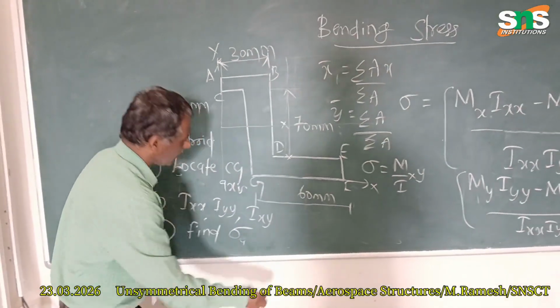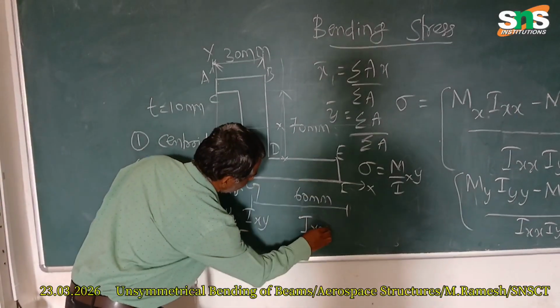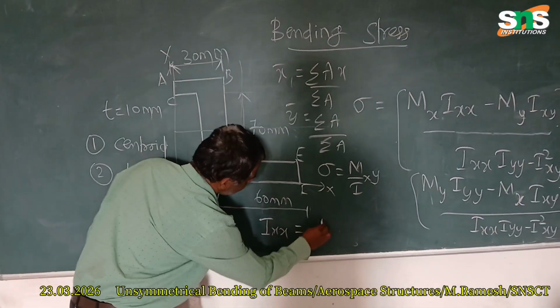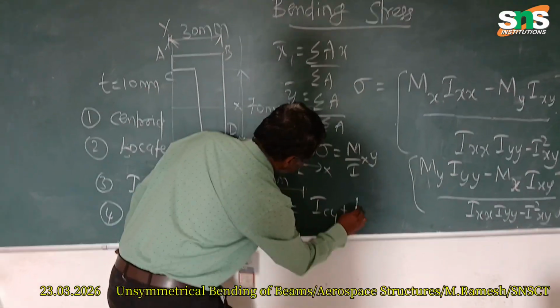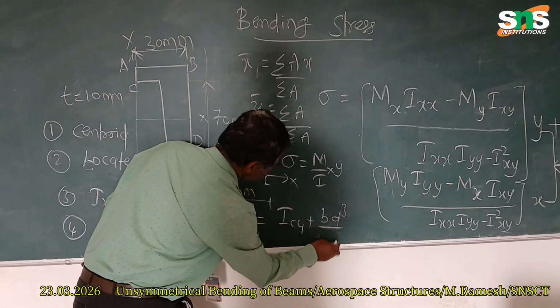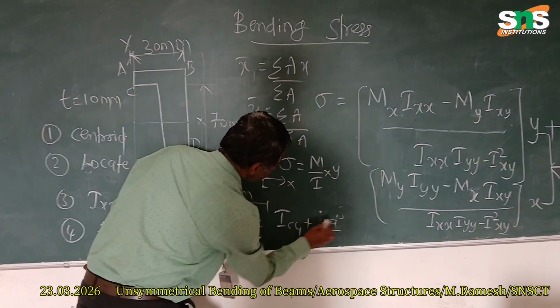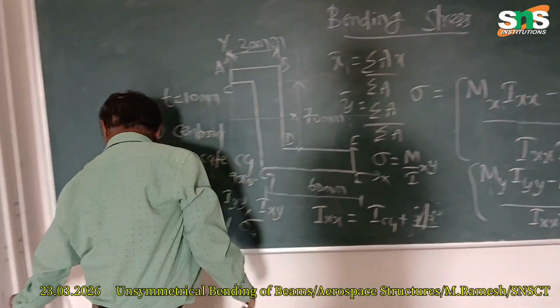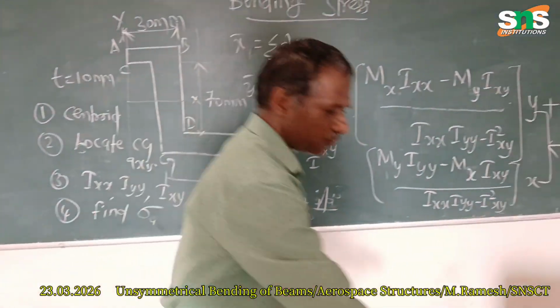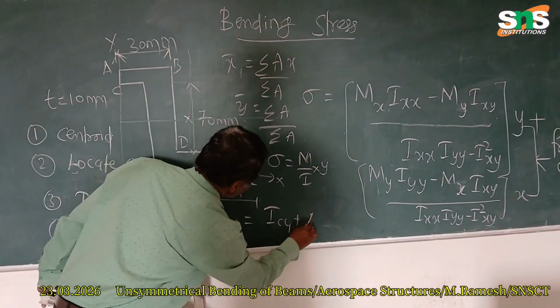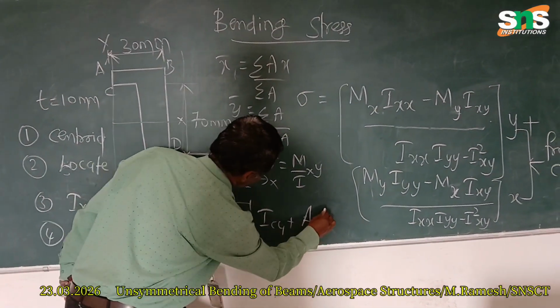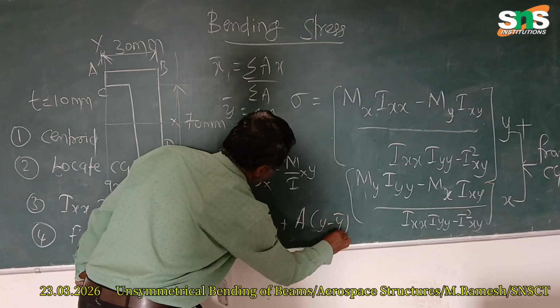After that, how to find Ixx and Iyy? This is nothing but Icg plus A into y minus y bar the whole squared, where Icg is bd cubed by 12.